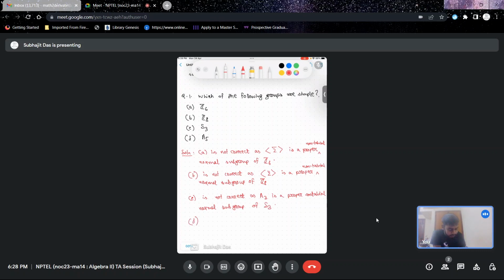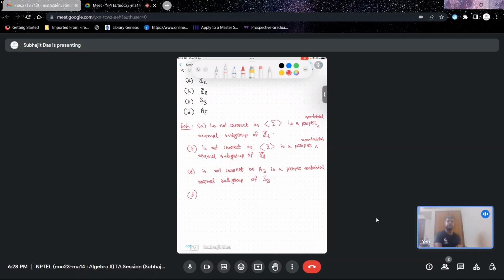And what about option D? Is A5 a simple group or not? So option D is correct, right? A5, in fact, An for all n greater than or equal to 5 is simple.